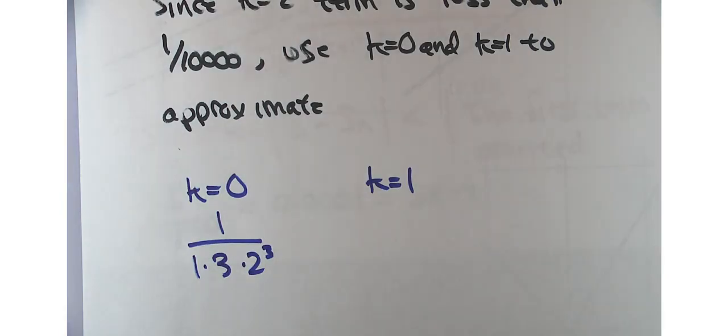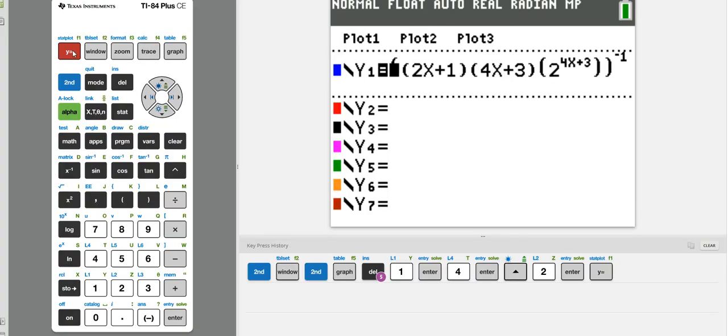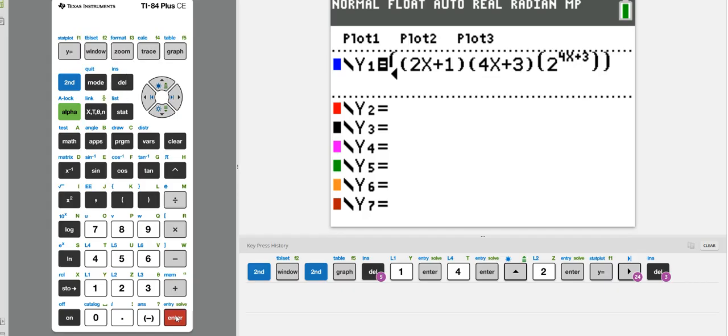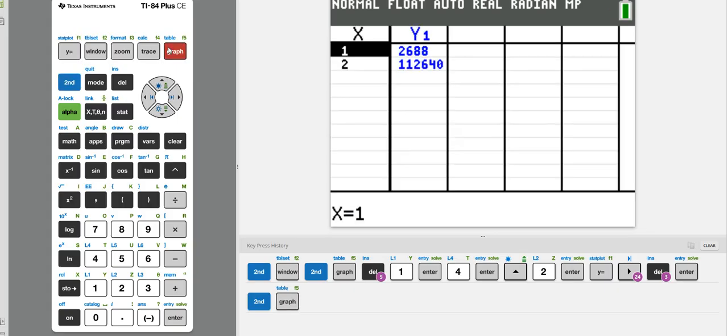For the k equal 1 term, I'm going to get a little bit lazy here. Actually, lazy is a harsh word. Let's call it economy of movement. Let's get rid of that -1 in the exponent. If I just delete that and then put in a 1, there you go.